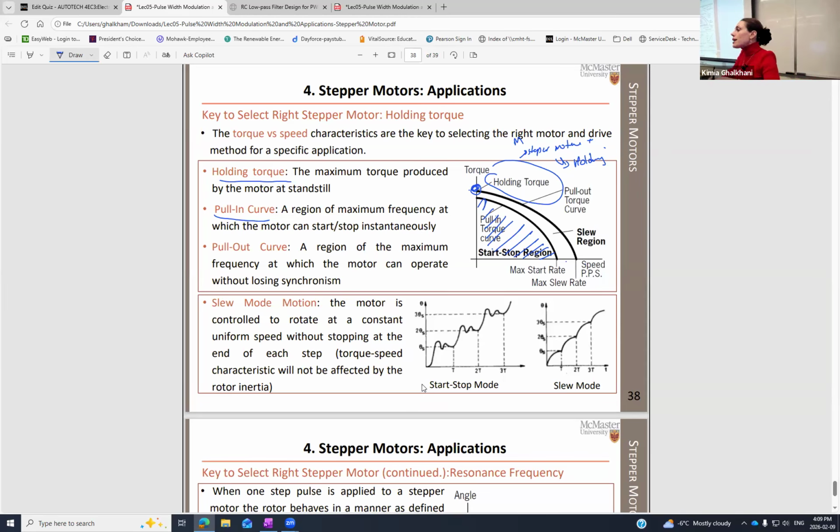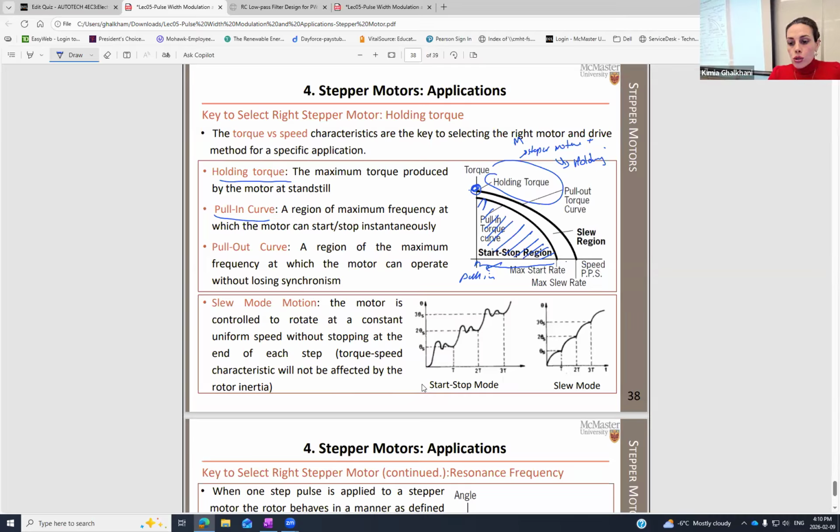Pulling means, from the start time, how long it will take to get to the holding torque. Suppose this is your gas pedal, and you aim to reach a speed of 100. From the time that you press from 0, how long it will take to reach 100, that will be your pulling. Make sense? For an automotive application.